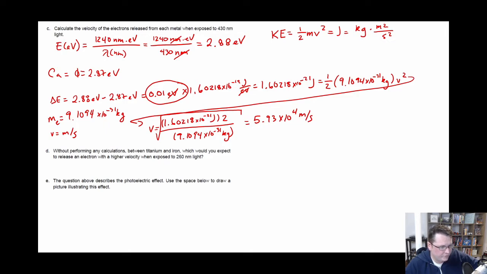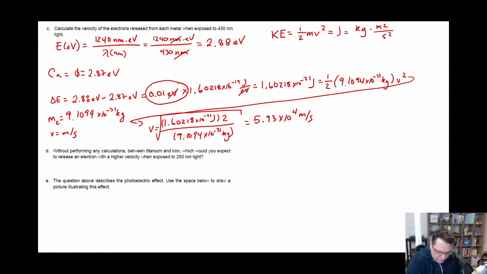You rearrange all of that, so times 2 divided by the 9.1094. So all of that should be right.